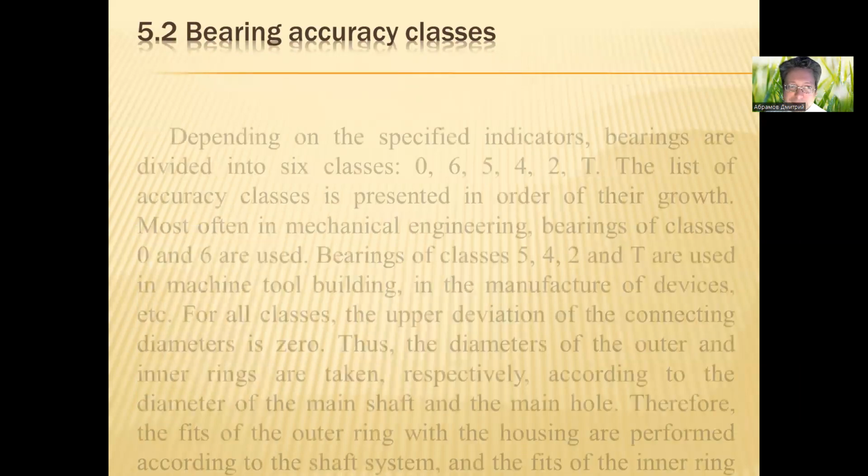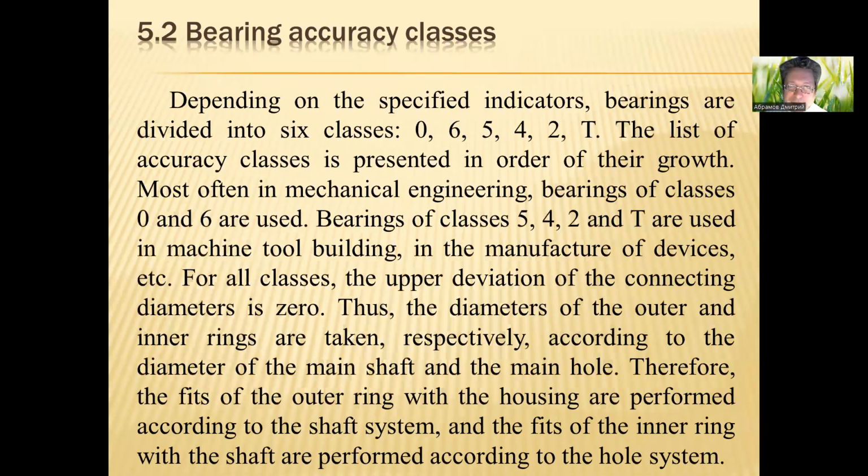And now we start item 5.2, bearing accuracy classes. Depending on the specific indicators, bearings are divided into 6 classes: 0, 6, 5, 4, 2, and T. The list of accuracy classes is presented in order of their growth.